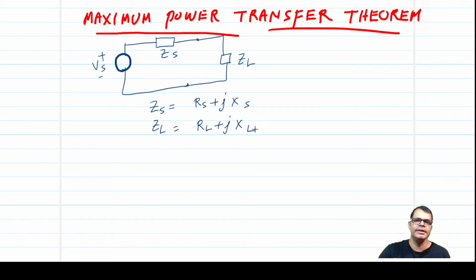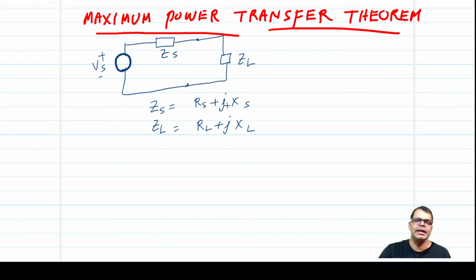We need to find the conditions of load for a given Zs, that is the source impedance. What will be the maximum power transfer to the load?